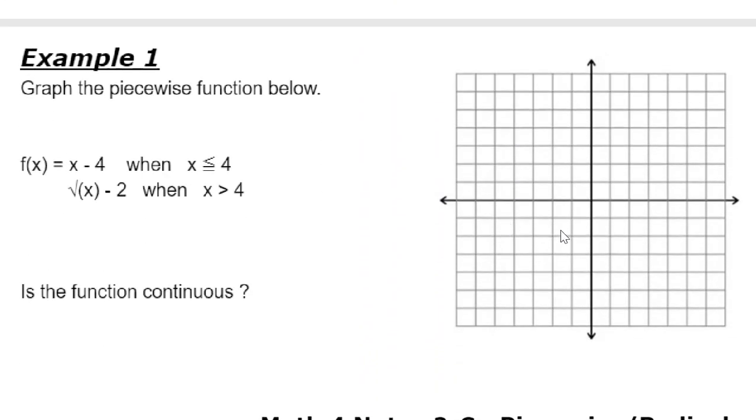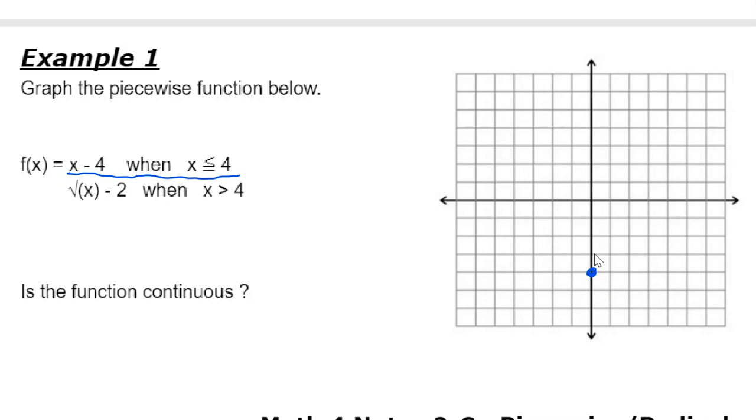So let's get straight into number one. Graph this guy below. We'll start with the top part. x minus 4, well, that's y equals mx plus b. That means we're going to start at negative 4 on the y-axis, and we're going to go up with a slope of 1, 1x minus 4.